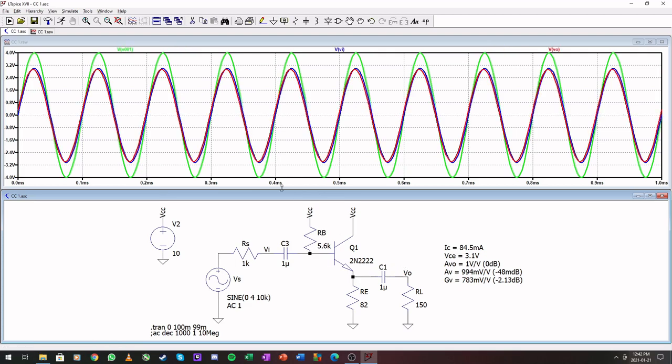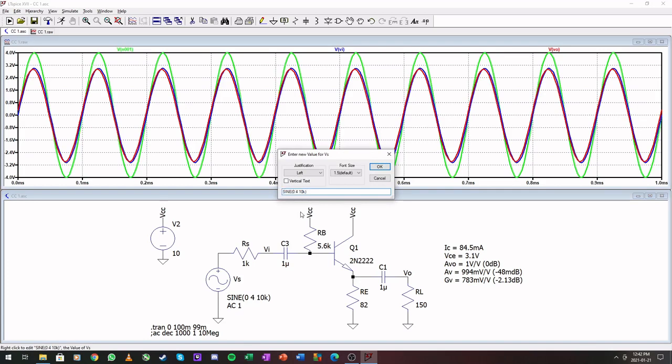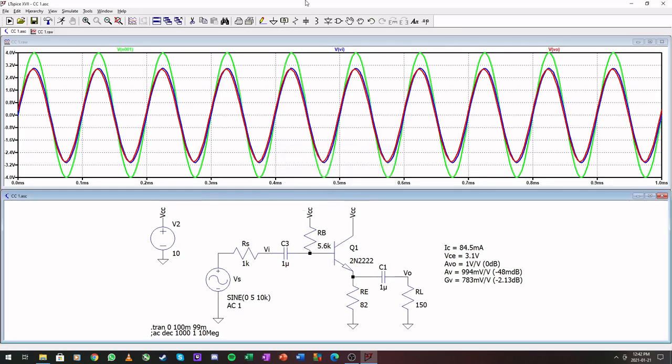And looking at the load and what's going into the amplifier, if we're not regarding the source, is almost exactly the same value.